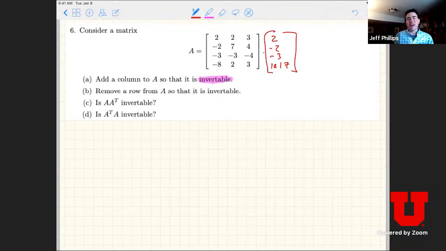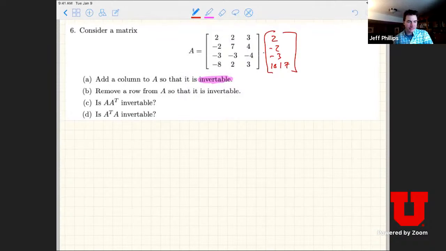You'd probably want some way to check this, and this is trickier to do on a final exam. It might be hard for me to ask a question like this, because if you accidentally added something linearly dependent, that'd be tricky to find. But in general, if you add another column, then it's going to be square, and hopefully full rank.